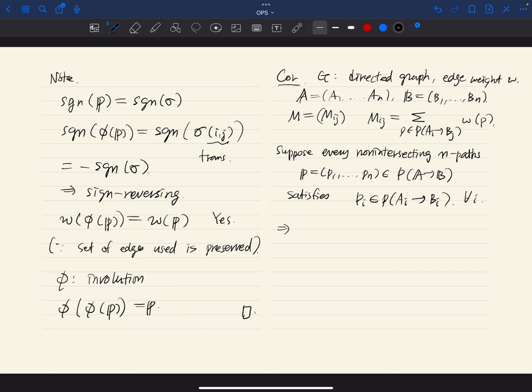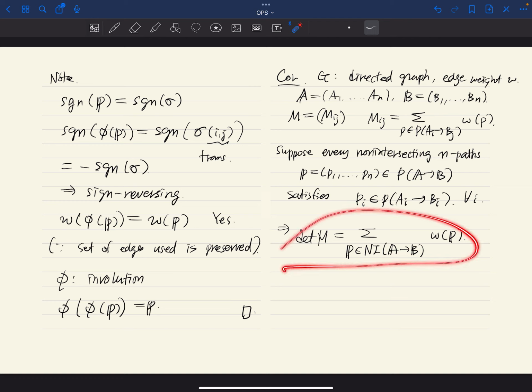Then the determinant of the matrix M is the sum over all non-intersecting paths. But we don't have to worry about the sign, because this means that sigma is always the identity, so the sign is 1.